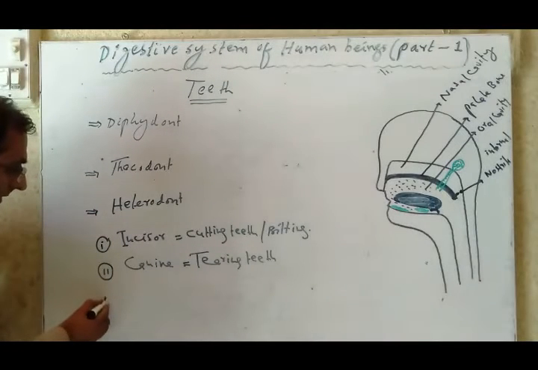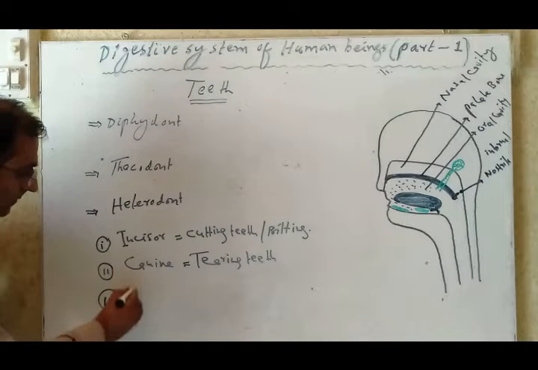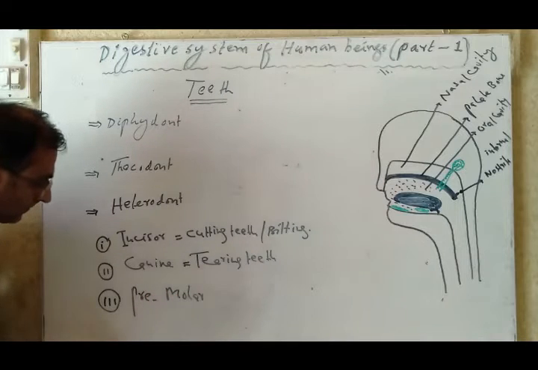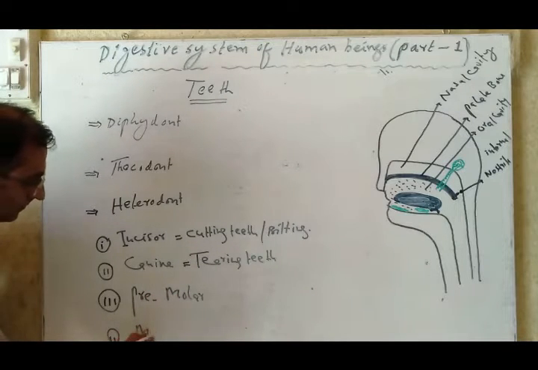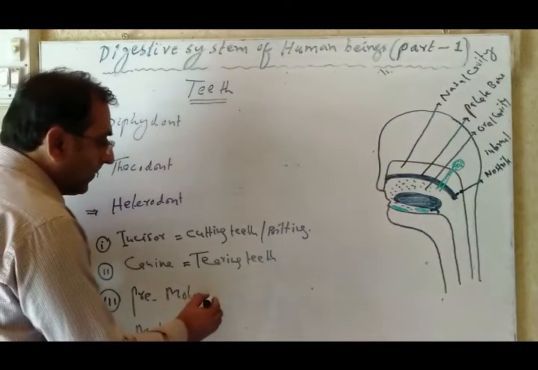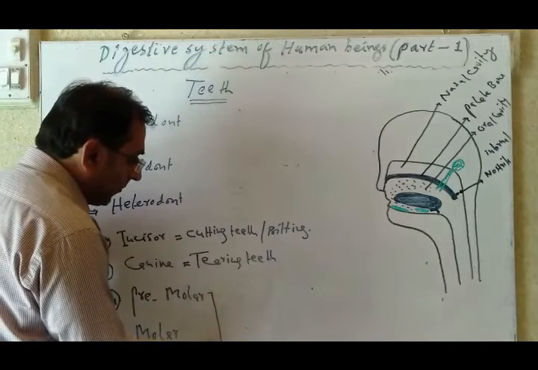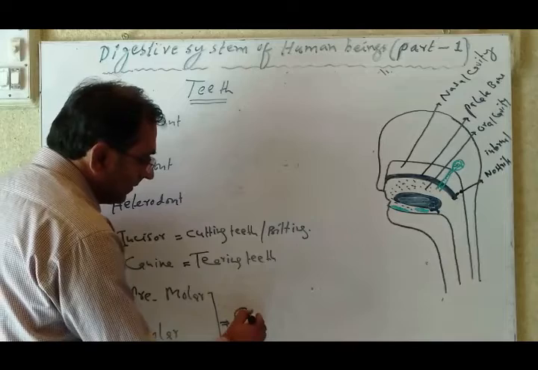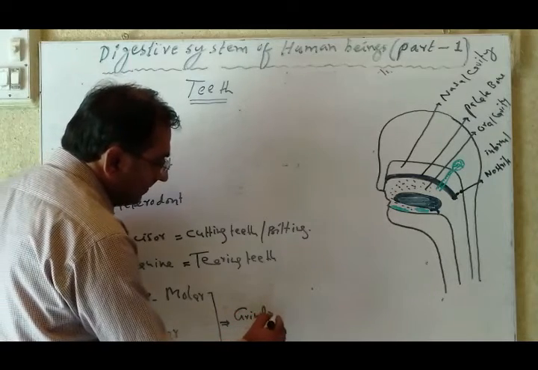And the third type of teeth is premolar, and number four, molar. These premolar and molar are known as the grinding teeth.